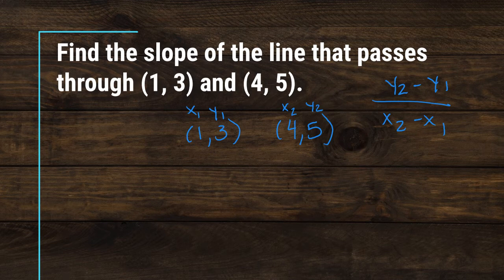Now I just plug those numbers into my equation. For y2, I have 5, minus y1, which is 3, and then x2 is 4 and x1 is 1. So 5 minus 3, well, that's 2. 4 minus 1, well, that's 3. So what's the slope of my line? 2 over 3. It's that easy.